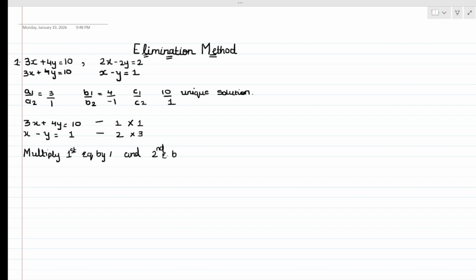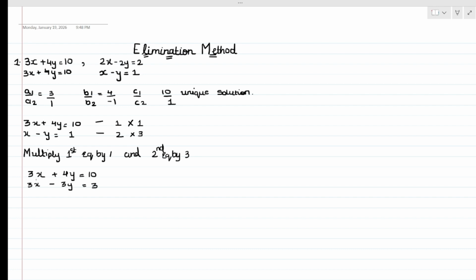What will my answer be if I multiply the whole equation by 1? 3x plus 4y equals 10. And if I multiply the second equation by 3, what will I get? 3x minus 3y equals 3.